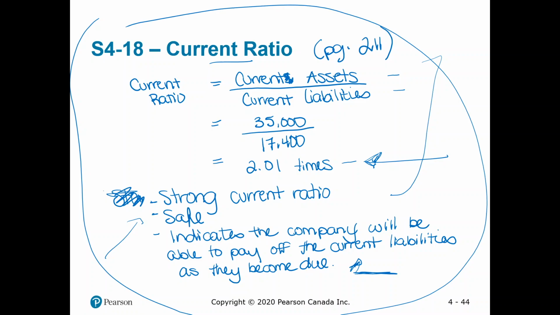Or it's also likely to be used by internal users. So someone within the company that is judging if they have enough money. So as they're doing the budget, they're trying to figure out over the next year, do we have a good cash flow? Are we likely to be able to pay off these current liabilities? If they calculate something in this 2.0 range, they know they're pretty safe.